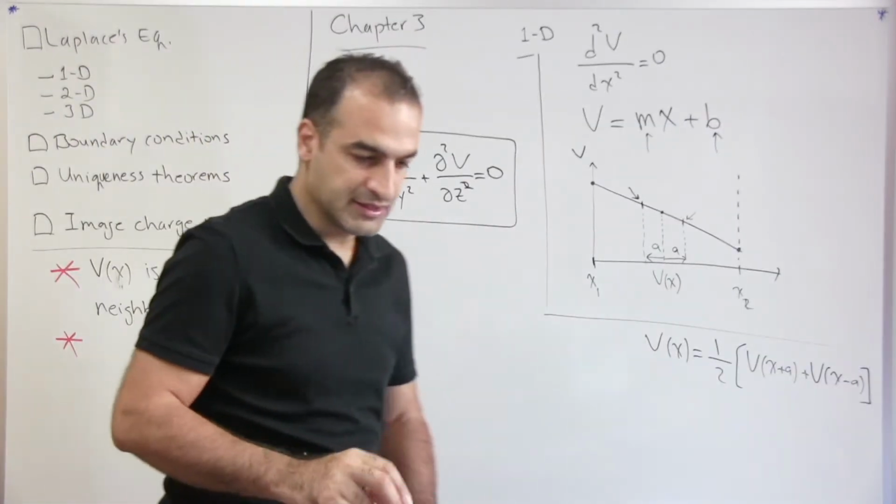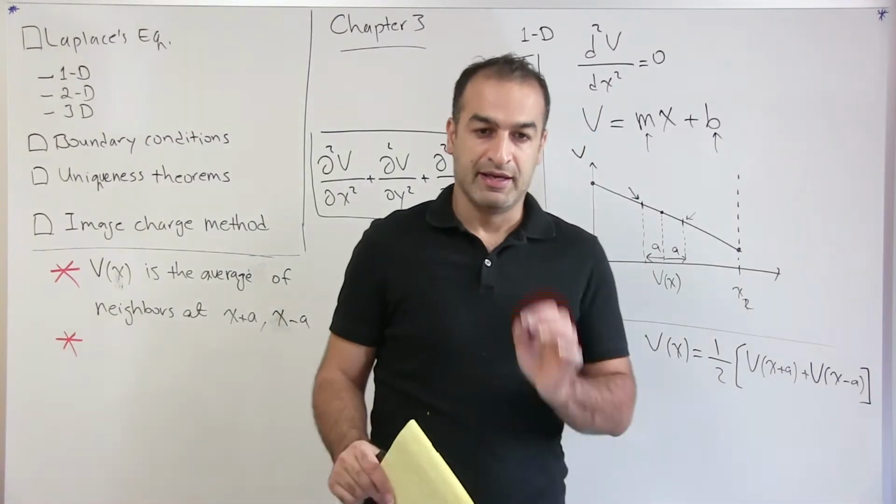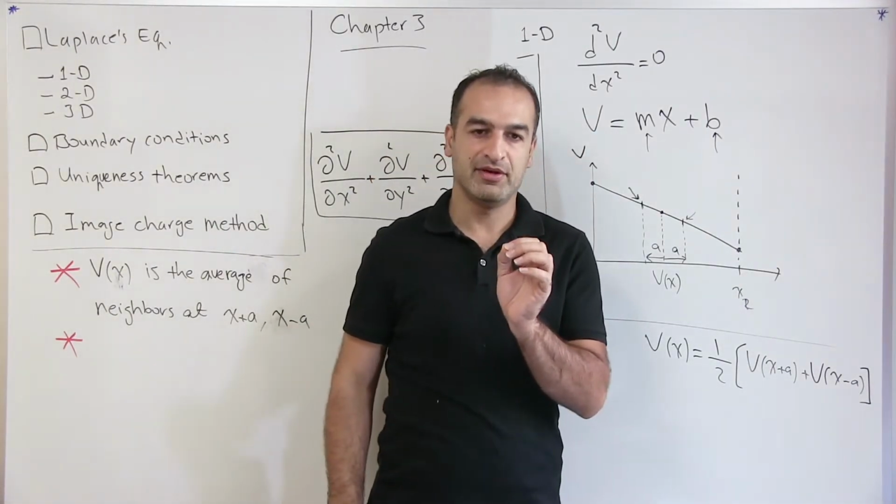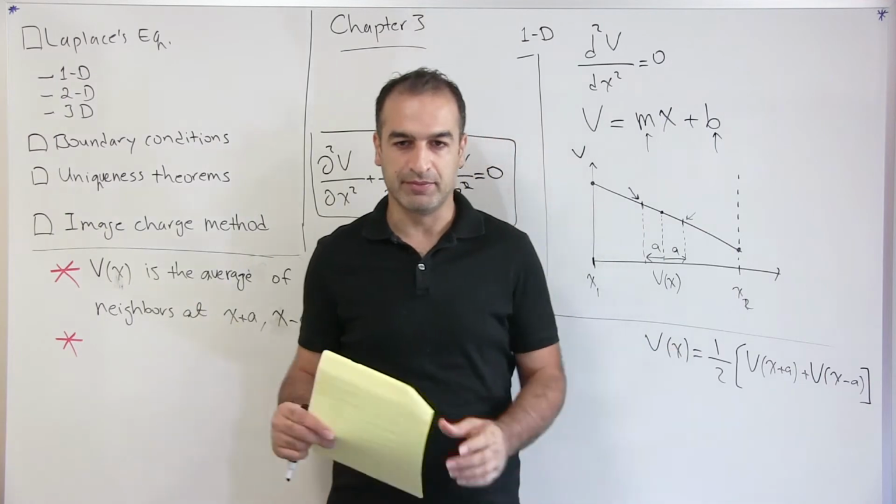Okay, so this is one characteristic. At any point, the value is the average of the neighboring points.